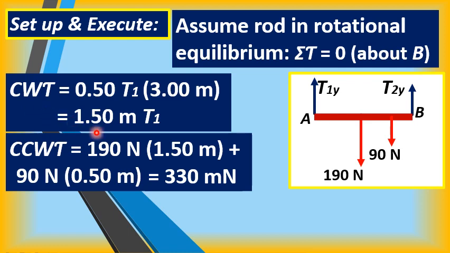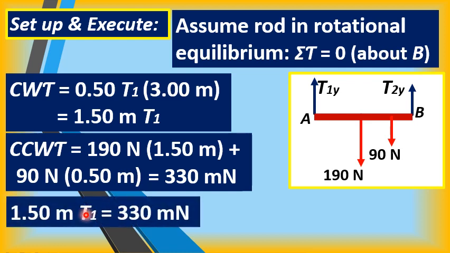So, equating the two torques, the torque that causes the body to rotate clockwise, and that is 1.50 meter times T1, and the total torque that causes the rod to rotate counterclockwise, following the principle of torque, we will have 330 meter Newton being equal to 1.50 meters times T1.